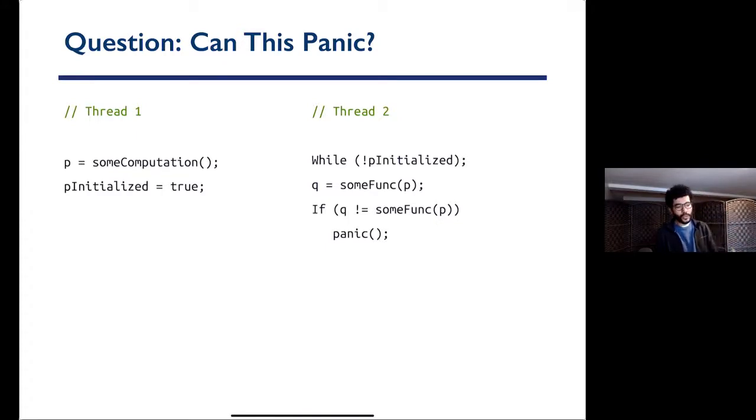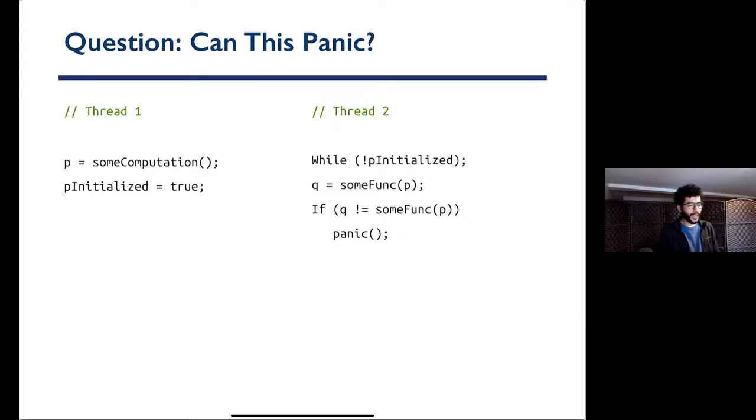In thread 2, we have this while loop that will wait on P initialized, and as long as it's false, it waits there. The moment P initialized becomes true, it assumes that P is initialized, so it sets Q to be some function of P. And the next line after that, we say, if Q is not some function of P, then panic. Now, the question is, can this code panic?